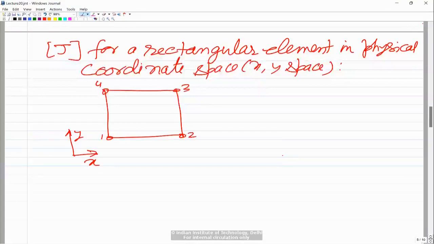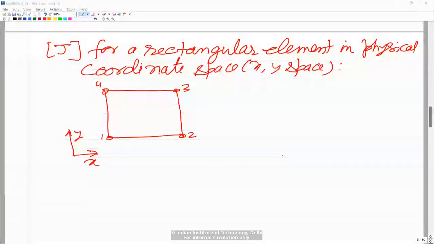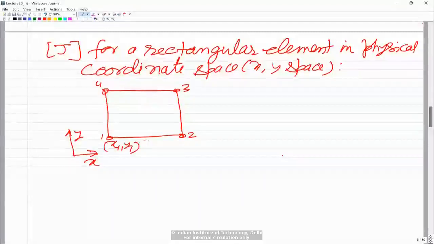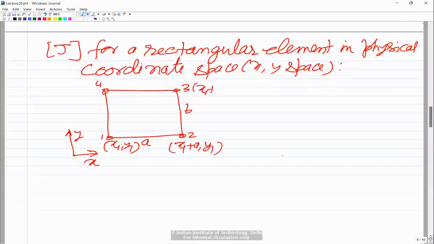And please, if you have any question in between, you should ask. So now you have nodes 1, 2, 3, 4, and the coordinates are, let us say, x1 and y1 for the first node. Since the element is a rectangle, this side length is a and this side length is b. So the coordinates of node 2 would be x1 plus a and y1, because the y coordinate is the same, the coordinates of node 3 would be x1 plus a and y1 plus b, and the coordinates of node 4 would be x1 and y1 plus b.